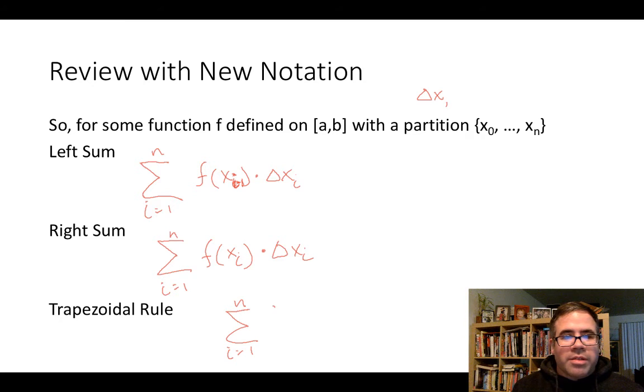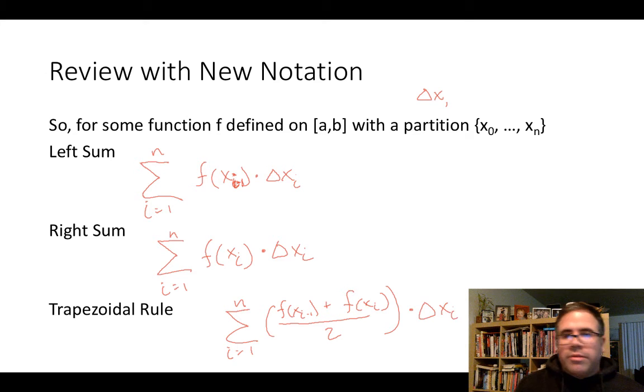So the average is going to be f of x sub i minus 1 plus f of x sub i, divided by 2, and then times the length of the subinterval, delta x sub i. Very compact ways of expressing it, but in a way that you're probably not as familiar with just yet. You'll get used to it, though.